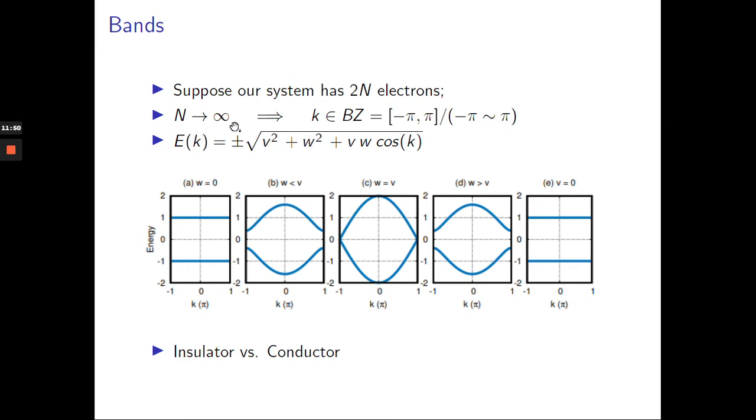If we take this limit, k in turn will take values in what we call the Brillouin zone. In this specific case, it will just be the closed interval from minus pi to pi, and we consider that minus pi is the same as pi.